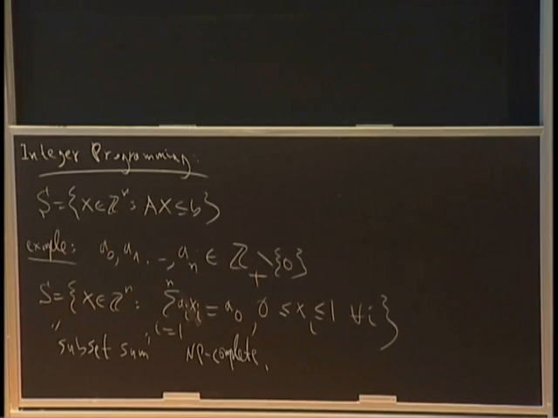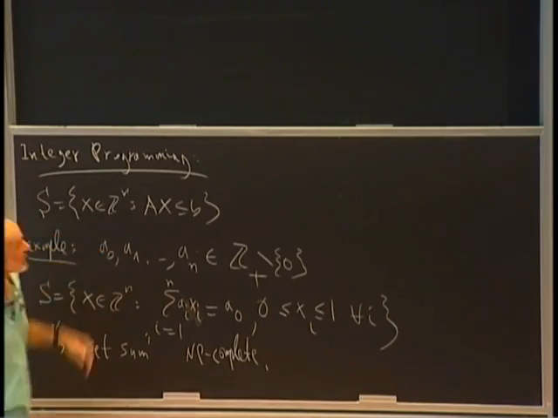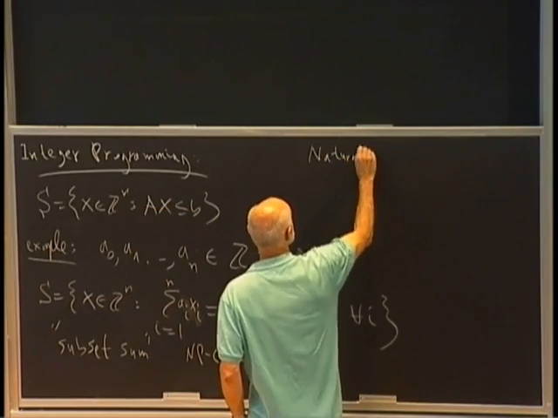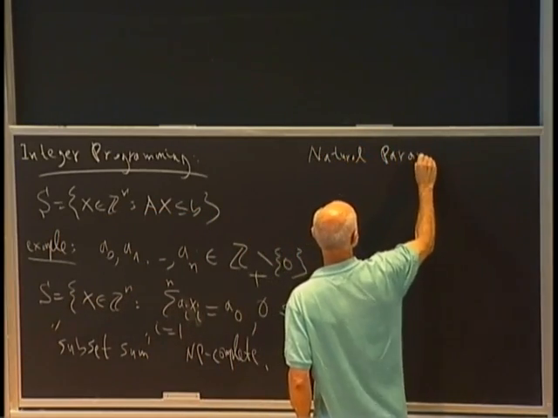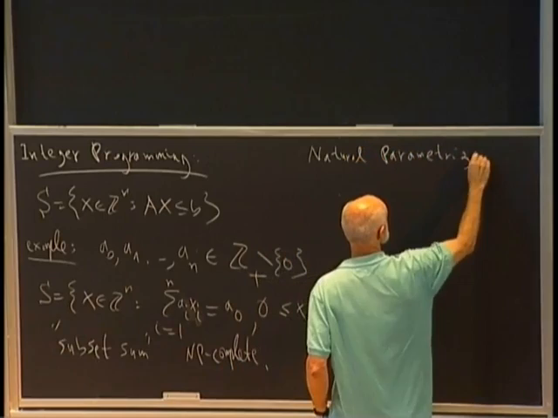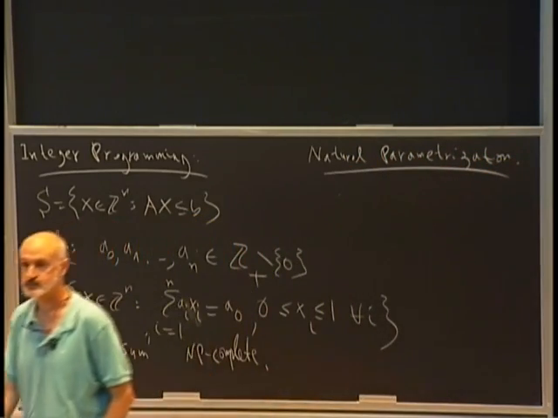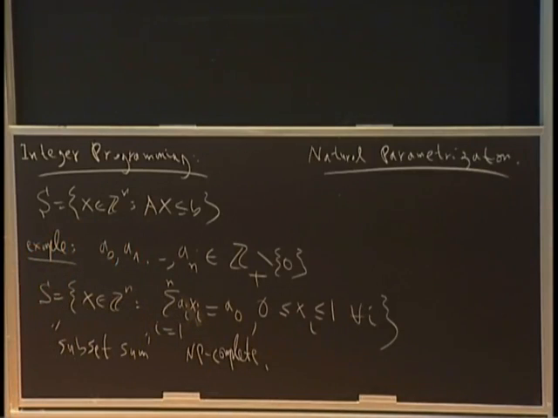So what's the most natural parameterization for an integer program, not this one, I mean in general here? What's the most natural parameterization? Yeah, that's a good point. I'll come to this point later, but that's not a parameterization.